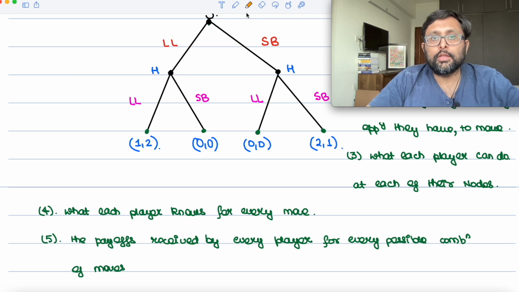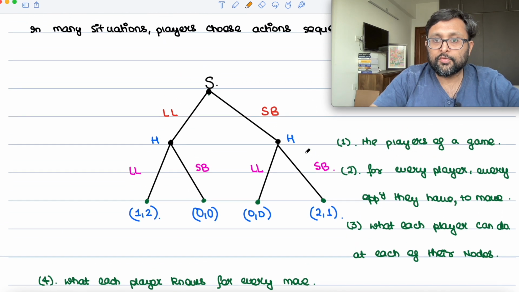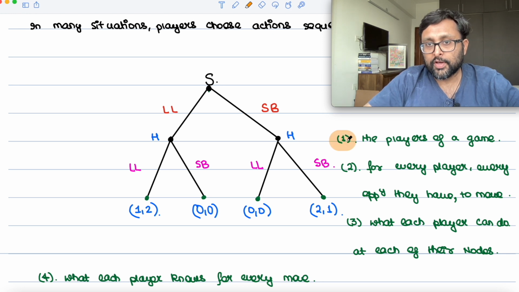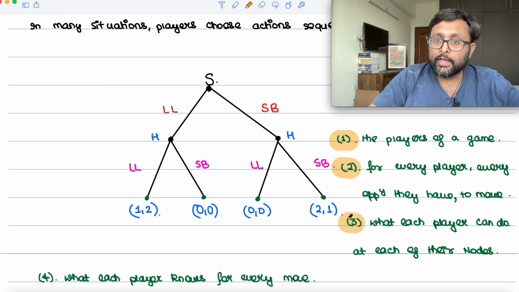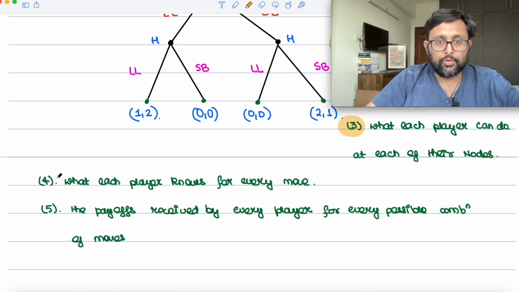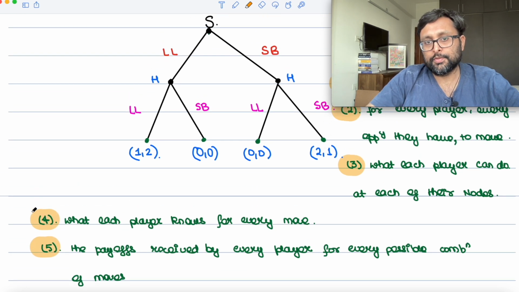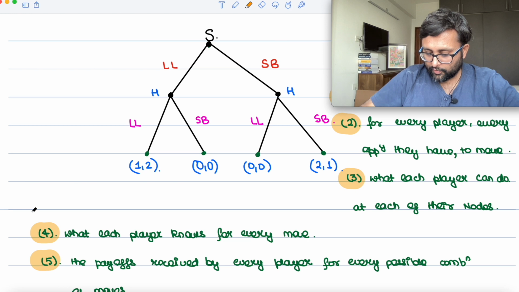So the sequential form game has to specify all of them. It has to specify who the players are, what opportunities are available to each player, what each player can do at each of these nodes, what each player knows at each of these nodes, and what the payoffs are.